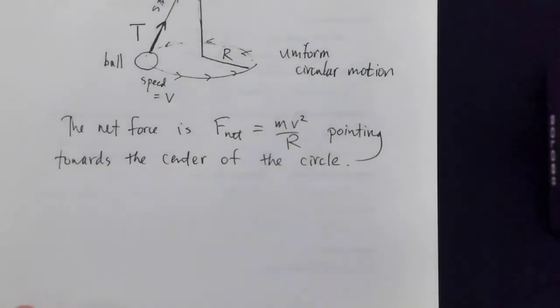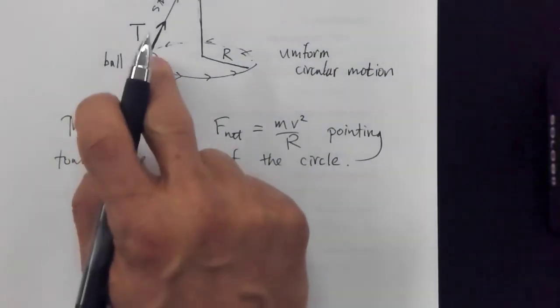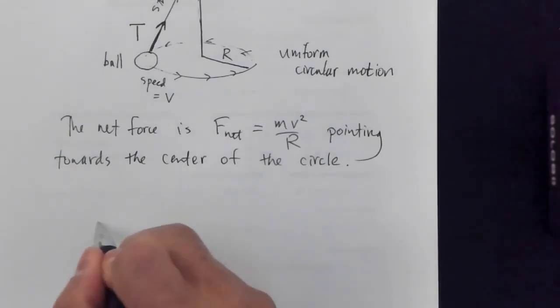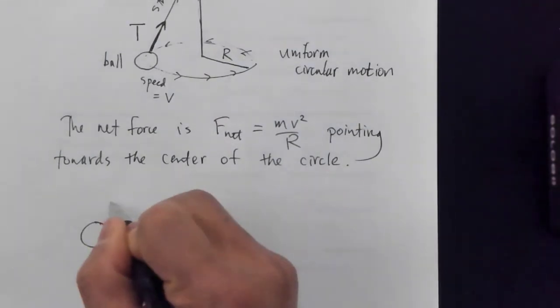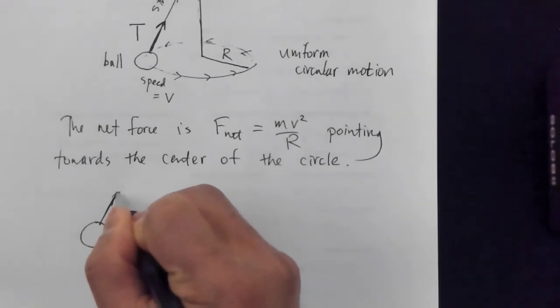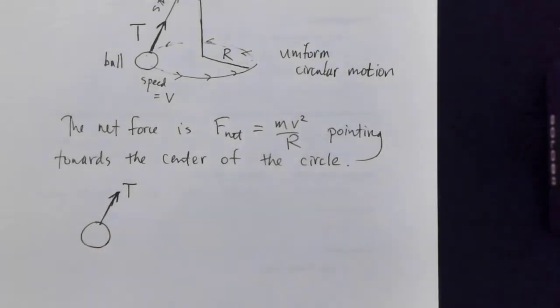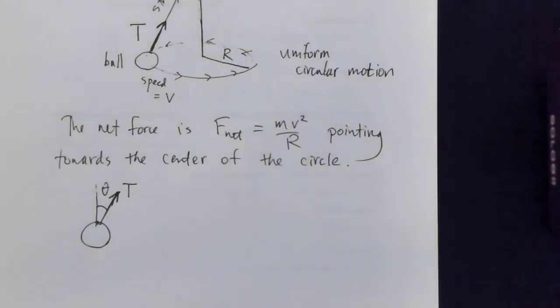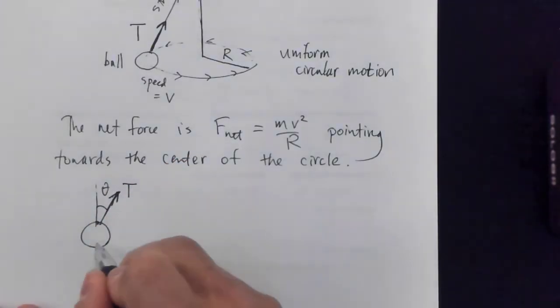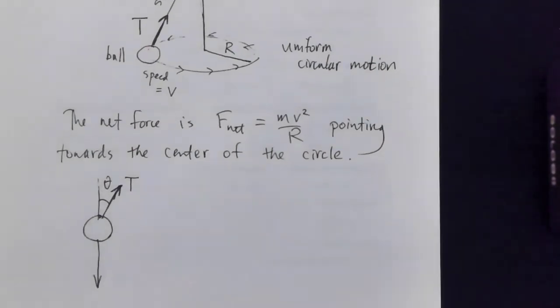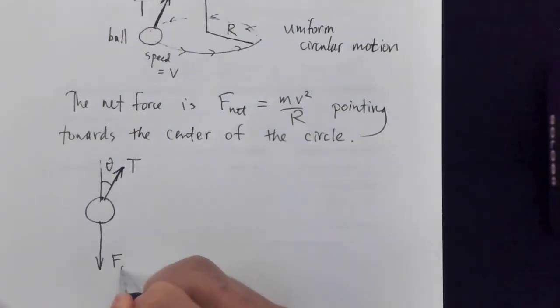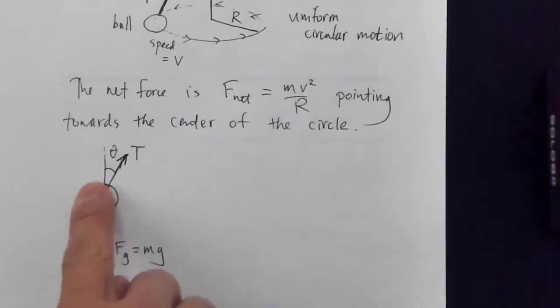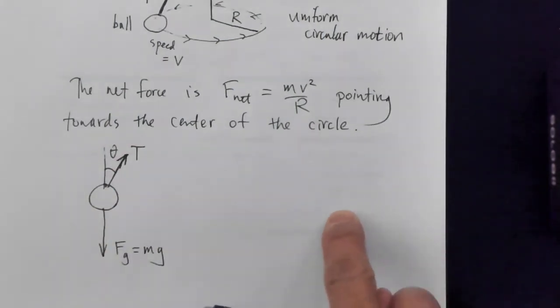Okay. Now let's take a look at what's going on with this ball. So I have the ball here, and then we have a tension pointing like this. That's one force on the ball, and it makes an angle theta. And then we have the force of gravity going straight down. That's Fg, which is equal to the mass times g. Okay, so now we have the ball. Here's the center of the circle somewhere over here.